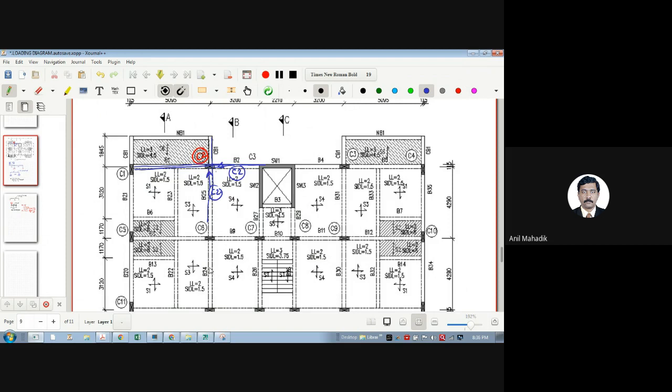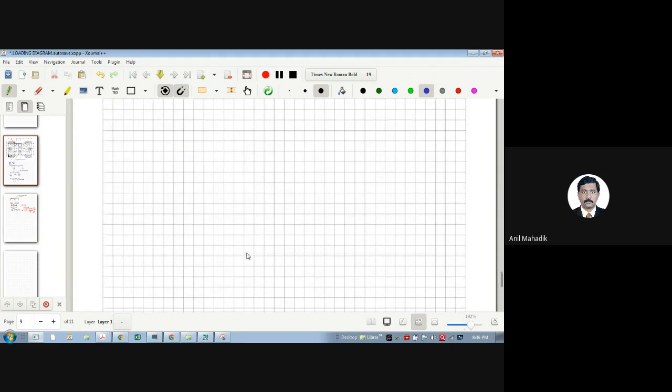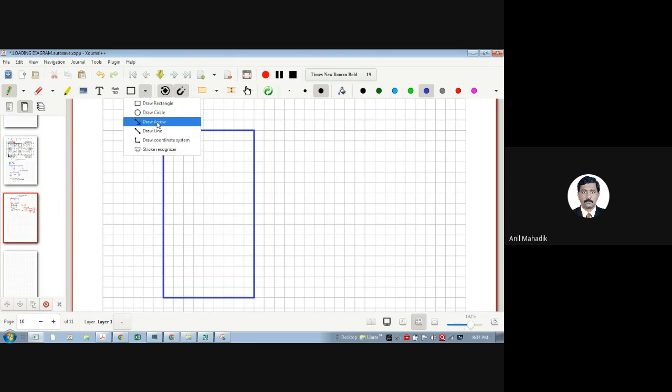Let's say there is a floating column here. Do you know floating columns? Floating columns means, let's say, I'll draw a section. Why do I say floating?